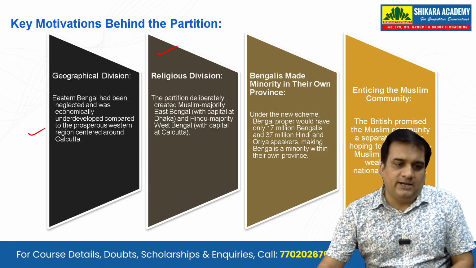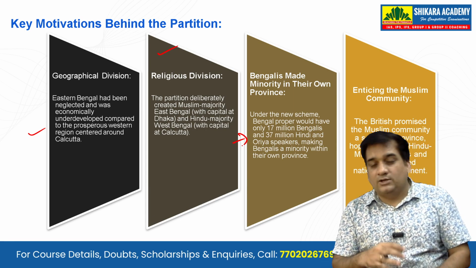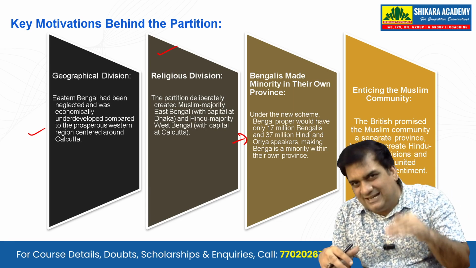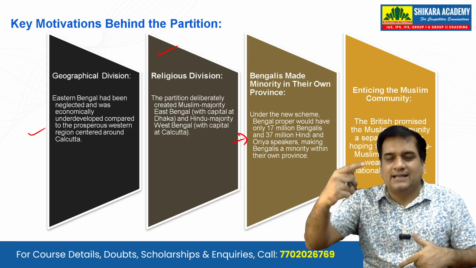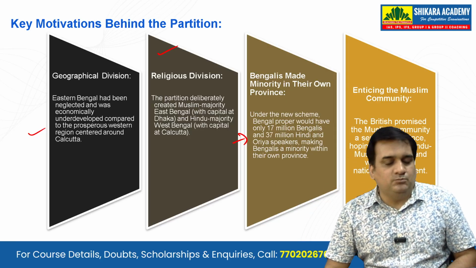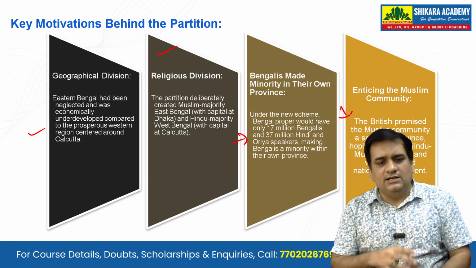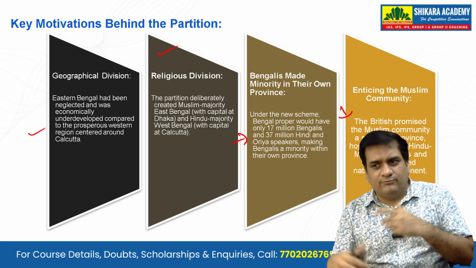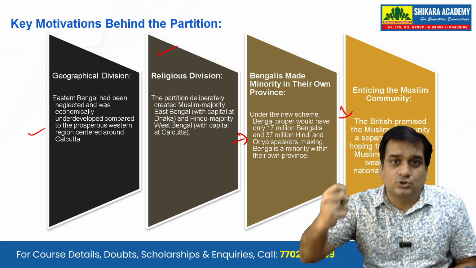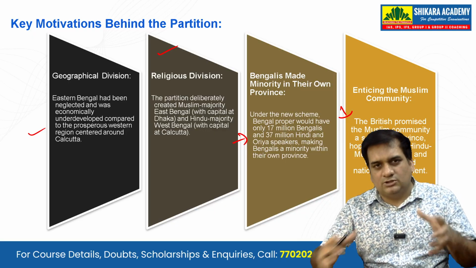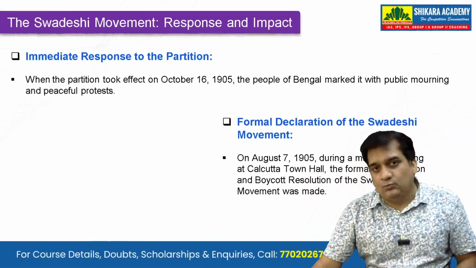Bengalis being made a minority in their own province was also an issue, just to degrade the Bengalis, because Bengalis at that time were trying to uplift the national movement and also enticing the Muslim community. So, in a way, the Britishers thought that if we can somehow pursue the Muslims, then this division between Hindus and Muslims can work in our favor.